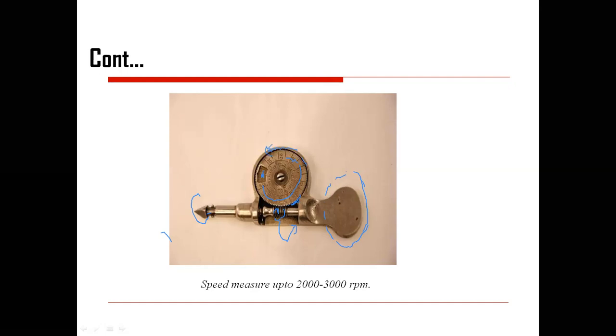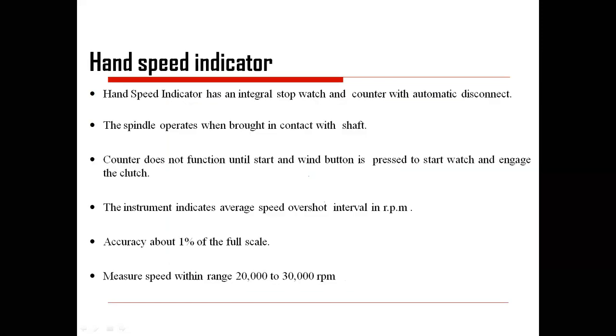This dial will rotate, and you are going to get the number of revolutions. How many revolutions you have got in 1 second or 1 minute can be easily measured using this revolution counter along with a stopwatch. So this is the working principle of your revolution counter, and up to 2000 to 3000 rpm we are measuring the speed, or a lower speed machine can be used for the measurement of the speed.